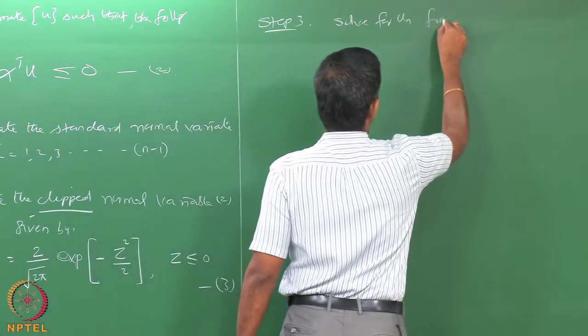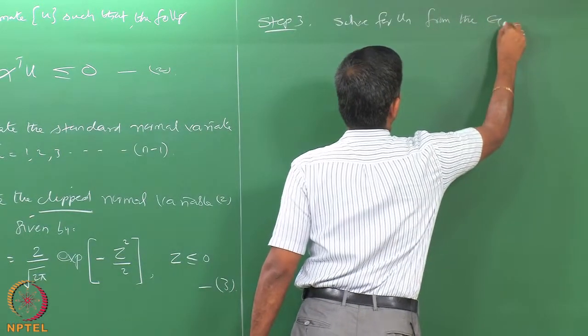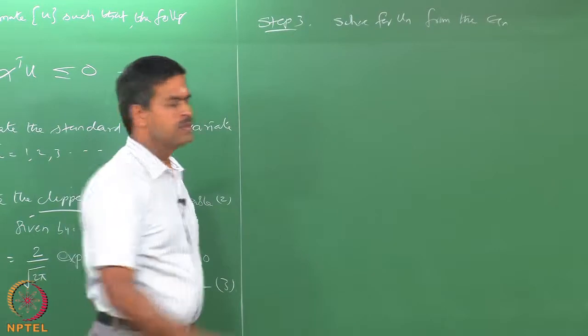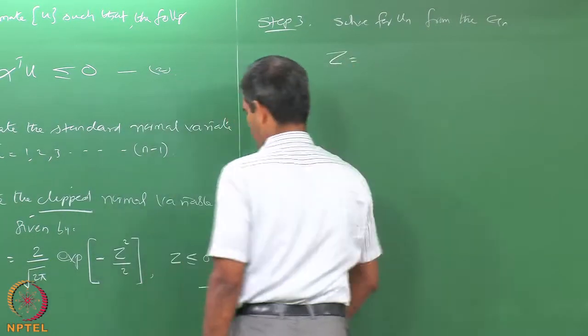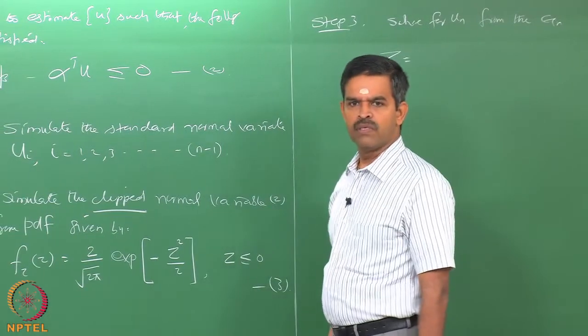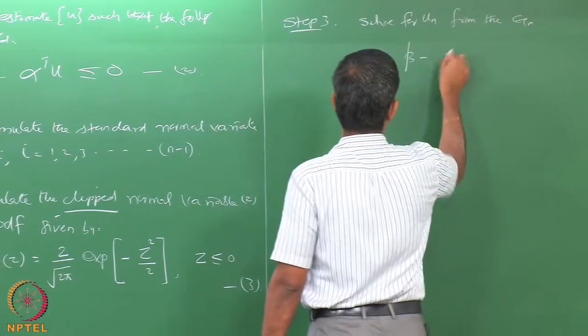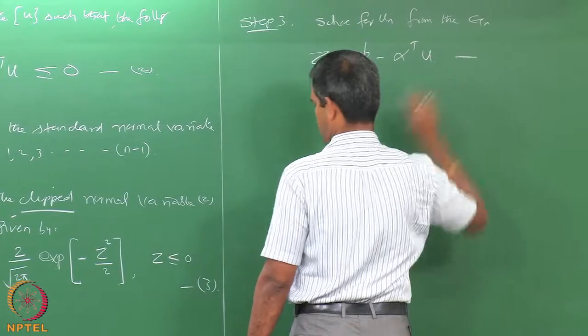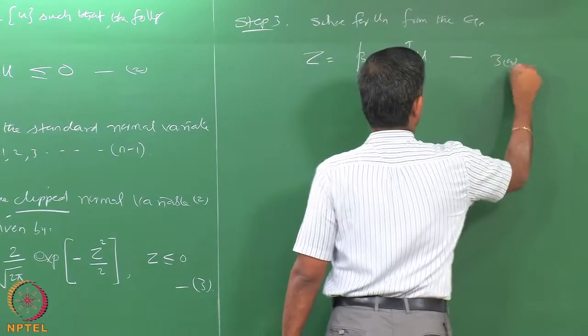From the equation z equals beta minus alpha transpose u, which I already have here, equation number 3a.